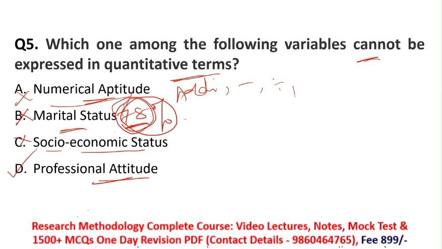It is your personal attitude. For example, she's beautiful, she's more beautiful. Here you are describing a person's quality, not quantity. So professional attitude is a qualitative term, not quantitative. Sorry, option D is the correct option for this question.